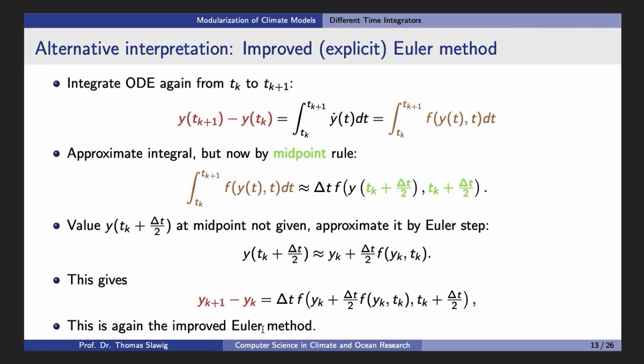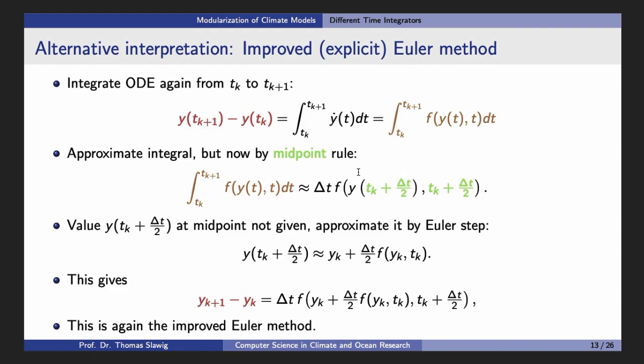And this can also be interpreted with the integral formulation. So again, I integrate the ODE from tk to tk plus 1. I approximate the integral, but now by the midpoint rule. So I take now the function value, I take the length of the time interval, but I take the function value of f at the midpoint of this time interval. The time interval is tk to tk plus 1, and the midpoint is tk plus delta t half. So this is now the midpoint.